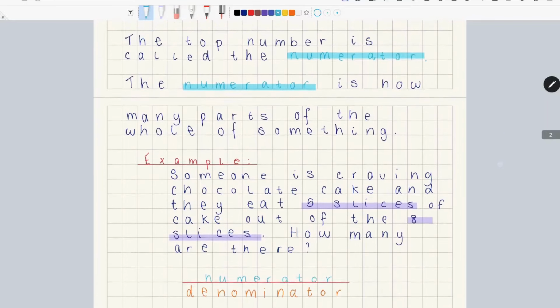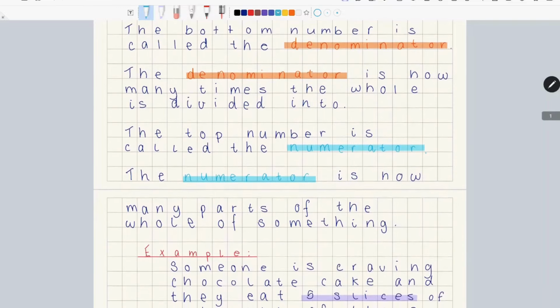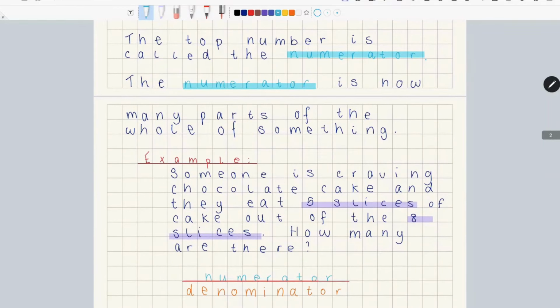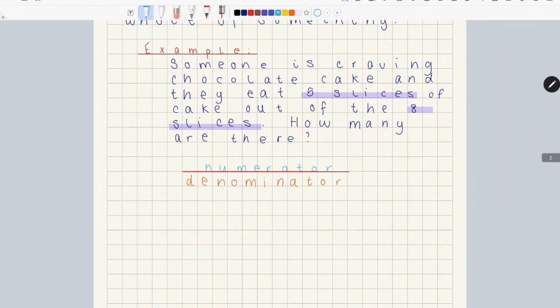Now remember, the denominator is how many times the whole item is divided into, and the numerator is how many parts of the whole of something. So, in this question, the something is the chocolate cake.